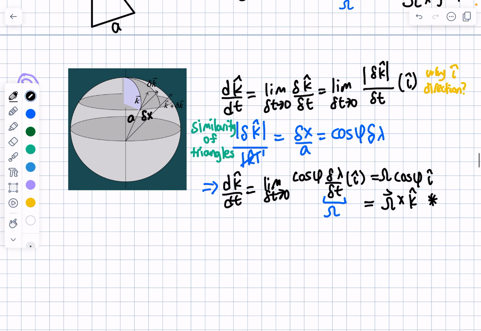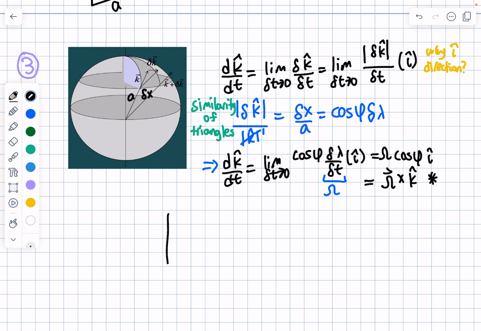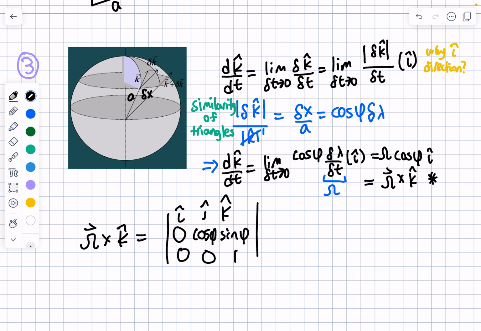And just to show that, we have that omega cross k hat is equal to the determinant of i j k. The omega vector gives us 0, cosine phi, sine phi, and the k hat, because it's 0i plus 0j plus 1k, is 0, 0, 1. If we look at i, we will get something.